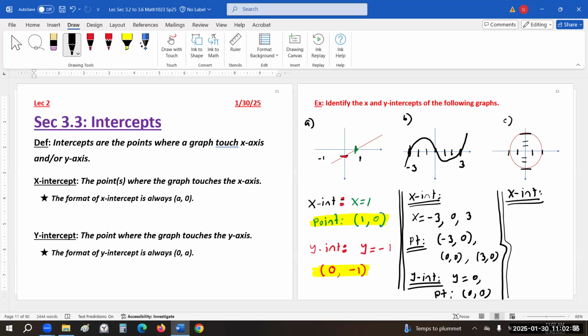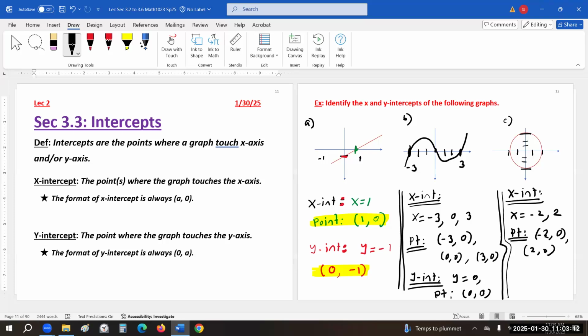X-intercept. -2 and -1 is here. Are you crossing anywhere at -1? No. So -2 is correct. You're crossing -2. Where else are you crossing the x-axis? 2. So it's -2 and +2. How about their points? Can you tell me the point format? (2, 0), (-2, 0).